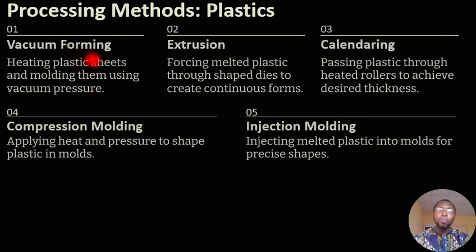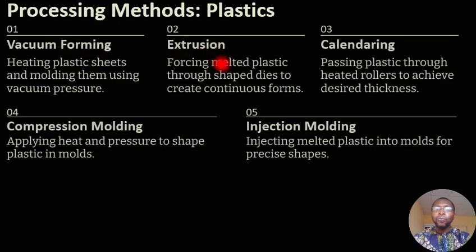So vacuum forming is a process of heating the plastic sheet and molding it so that you get the plastic texture that you want. Having done vacuum forming, the next thing is extrusion.